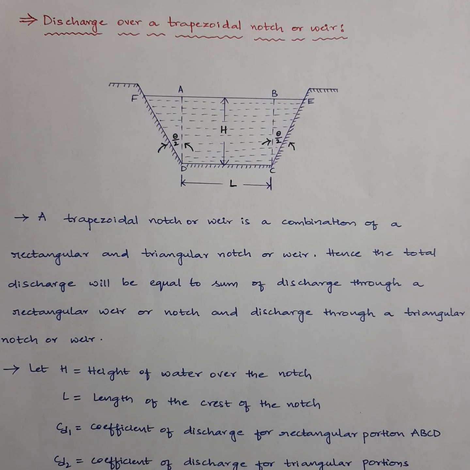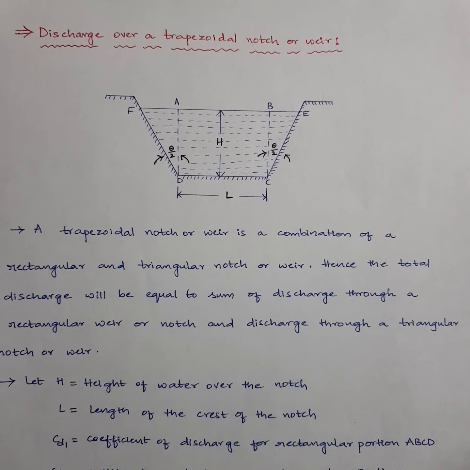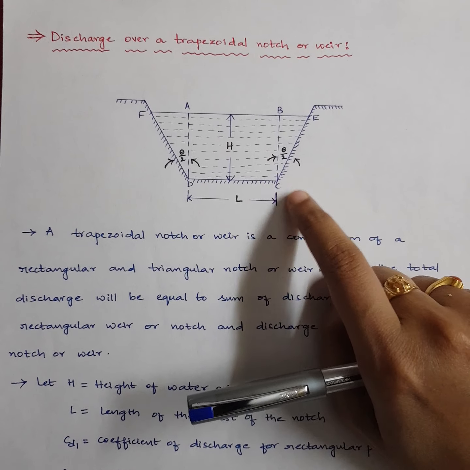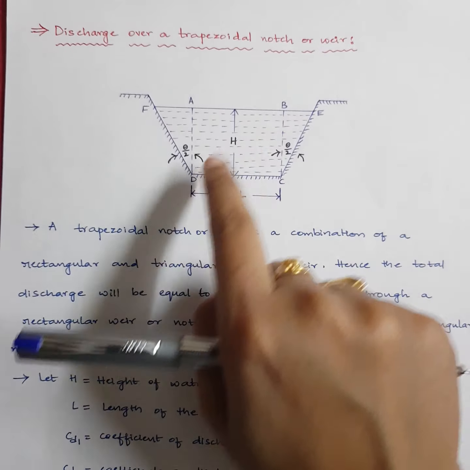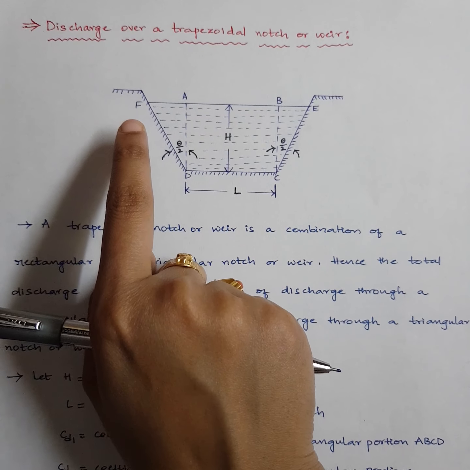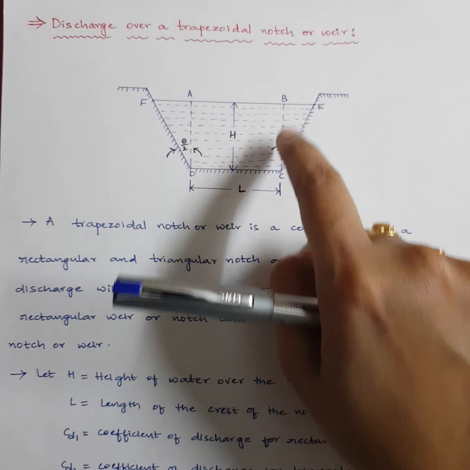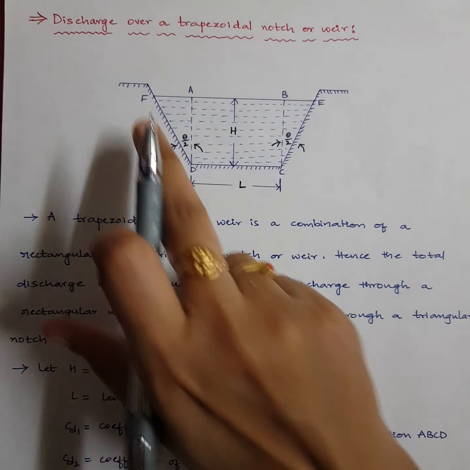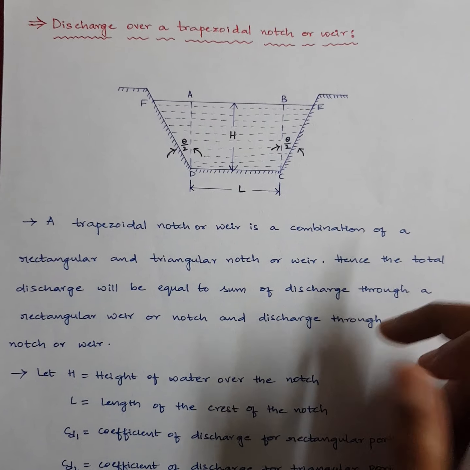Unlike the triangular notch and rectangular notch, this is quite easier. Why? Because if you see the cross section of this trapezoidal notch in the figure, you can see the portion ABCD is a rectangular portion, and you see the portions FAD and BCE. If you combine FAD and BCE, two halves, they form a triangular portion, right?